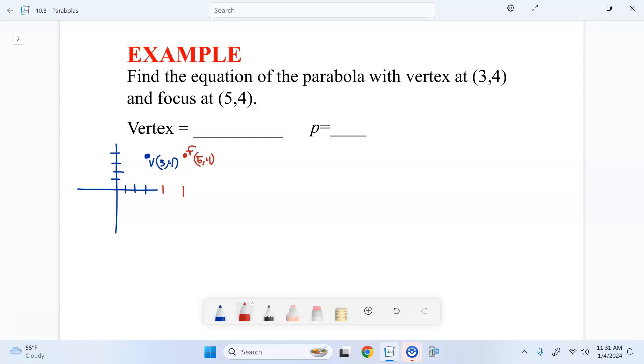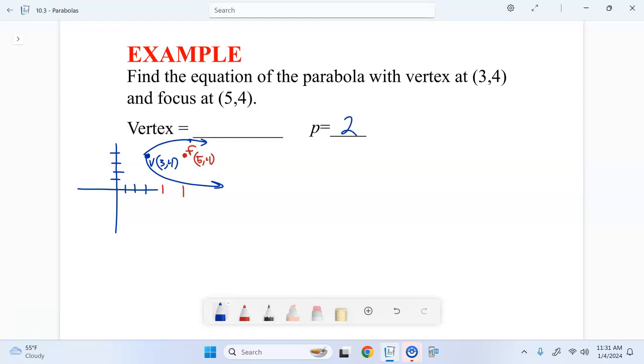Okay, so this is our vertex. What direction is our parabola going to open? To the right, towards the focus. So that means our directrix has to be somewhere on the left, right? Okay, so if my focus, how far away is my focus from my vertex? 2 units, so we have a p-value of 2, right?